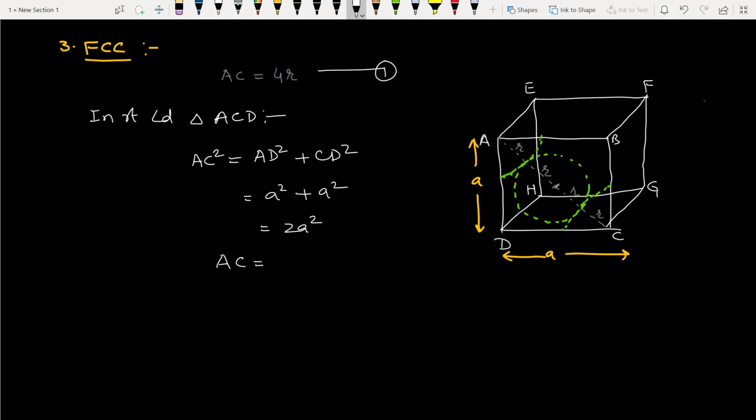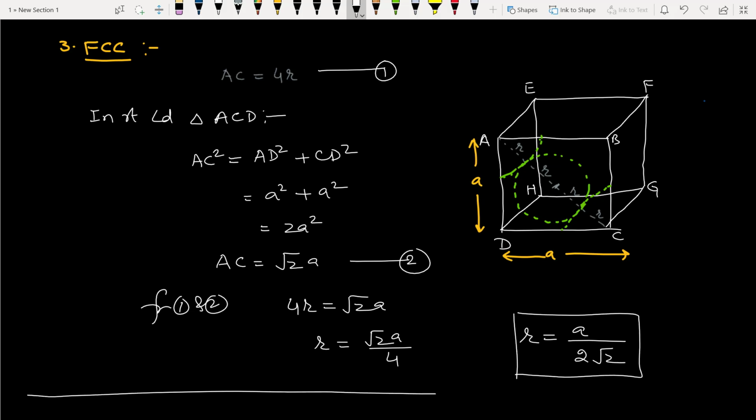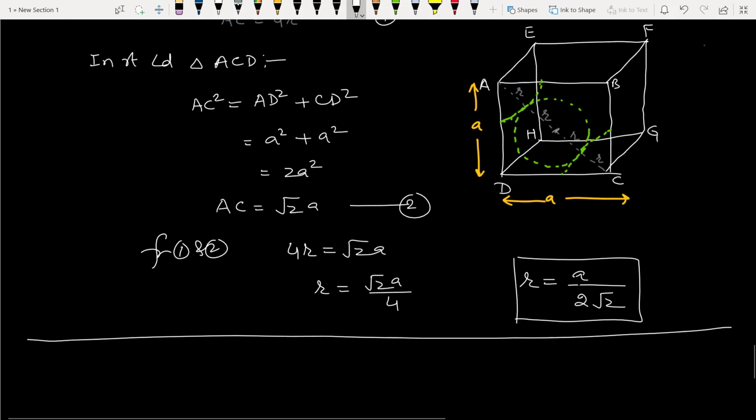So AC is equal to root 2 a. So from 1 and 2, 4r is equal to root 2 a. So r is equal to root 2 a by 4. So r is equal to a upon 2 root 2. So this is how we calculate the atomic radii for different cubic structures.